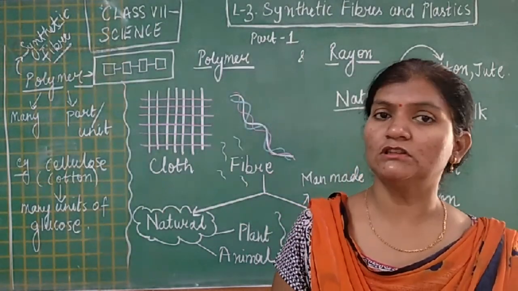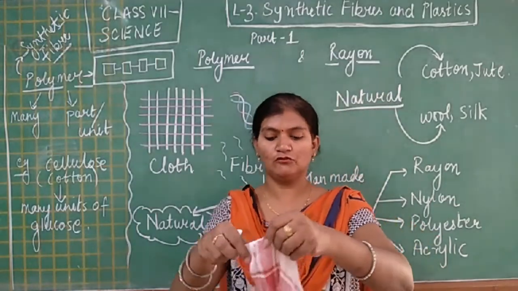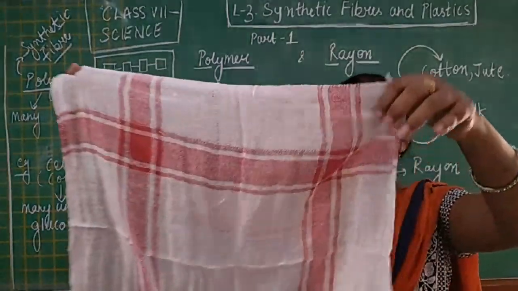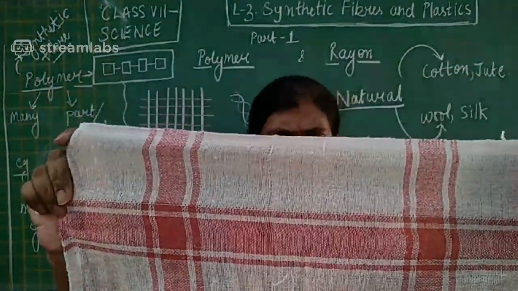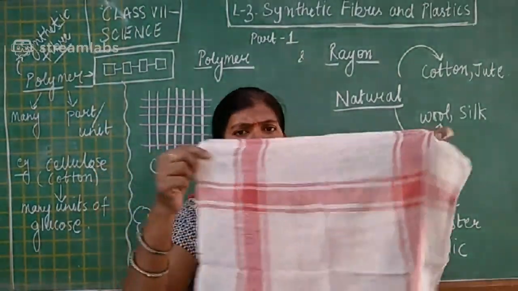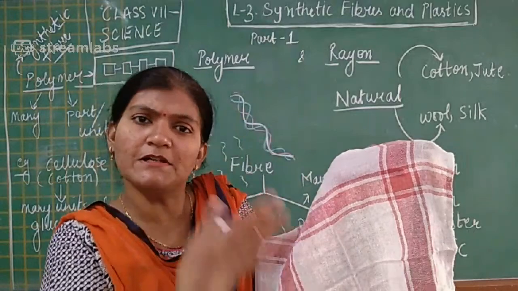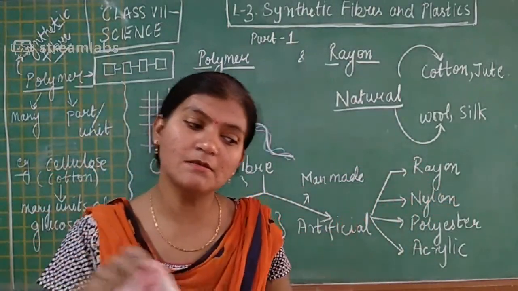this piece of cloth, if you see, I have another piece of cloth here, and if you see it clearly, it has small gaps in it, right? Okay, students. These small gaps you can easily see, because in this certain fibers are attached. So we'll learn how a piece of cloth is made.